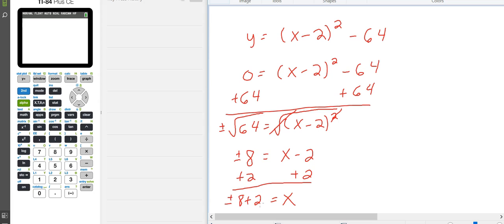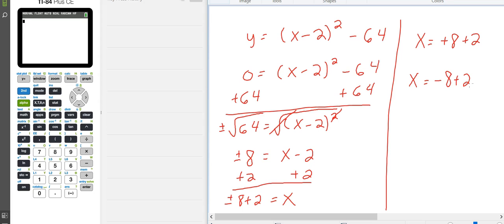Now let's see what this is. x is either equal to positive 8 plus 2, or x is equal to negative 8 plus 2. Positive 8 plus 2 is positive 10. Negative 8 plus 2 is negative 6. So this parabola crosses the x-axis at x is equal to 10 and at x is equal to negative 6.